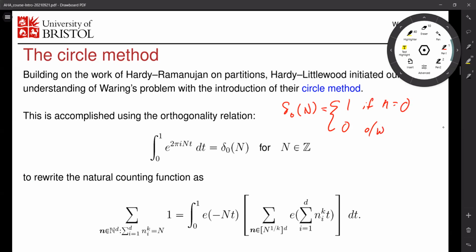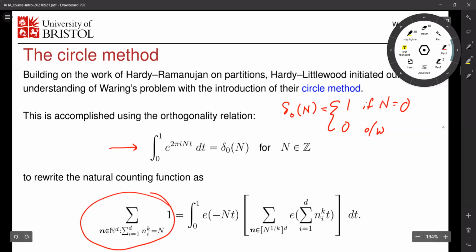Right, so if we're not, oh, that should be a little n. All right, we're going to make it a big N. Okay. And you can just check from calculus that this identity right here in the middle is true. Now doing that, you can rewrite a counting function such as this, where I'm counting the number of representations of my integer, as an oscillatory integral that involves an exponential sum.